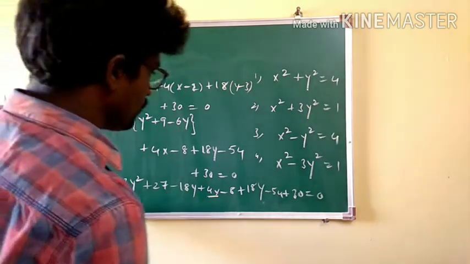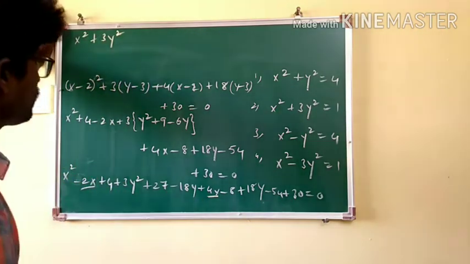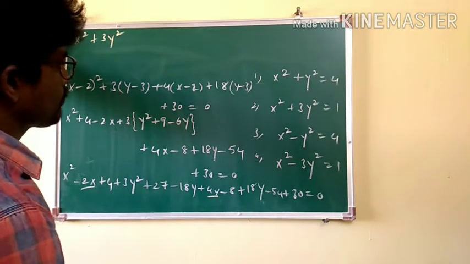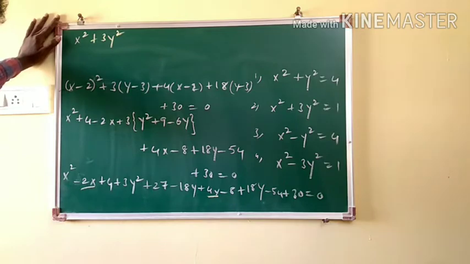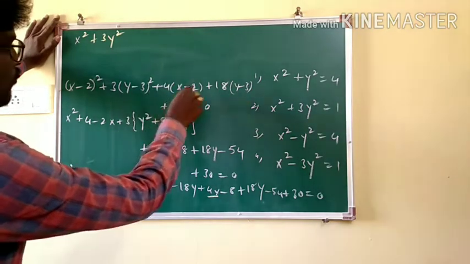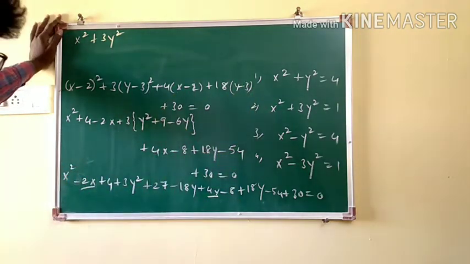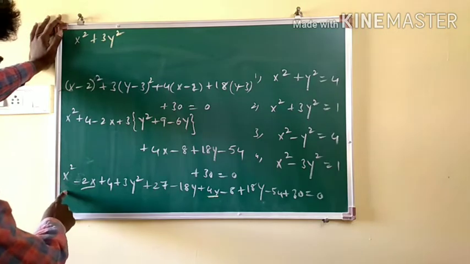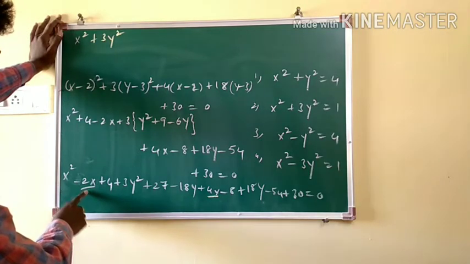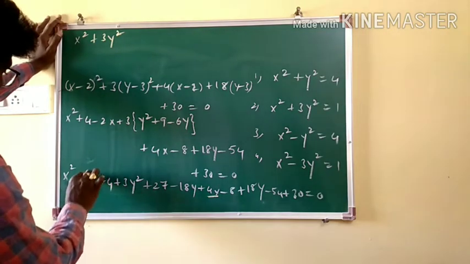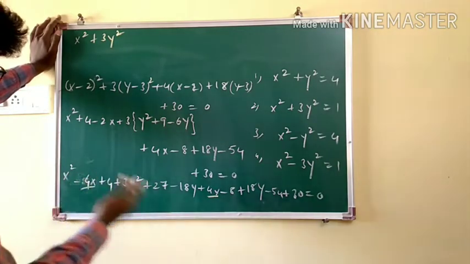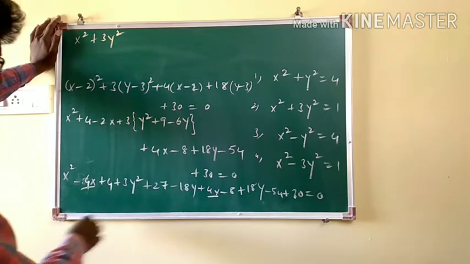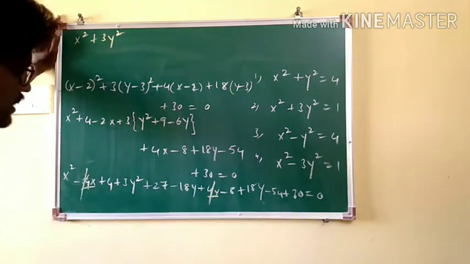X square minus 2ax is minus 4X, because a square minus 2ab plus b square. Minus 4X and plus 4X gets cancelled.